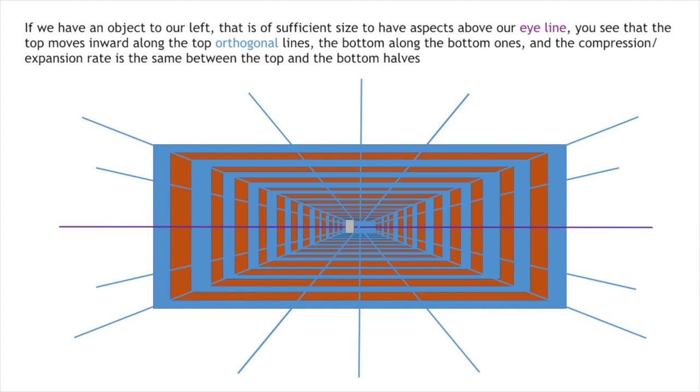But because it started out to our left, it will always remain to our left. But again, it will just move along those ascending and descending orthogonal lines. Here it is coming out towards us, and it's going back again along those orthogonal lines.